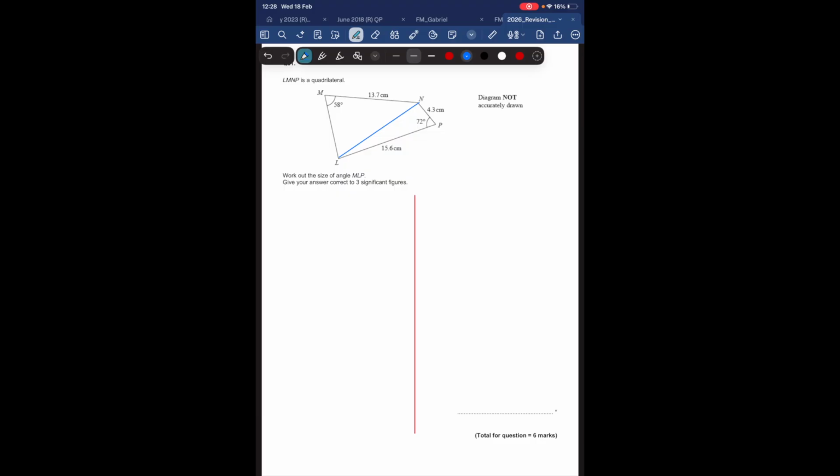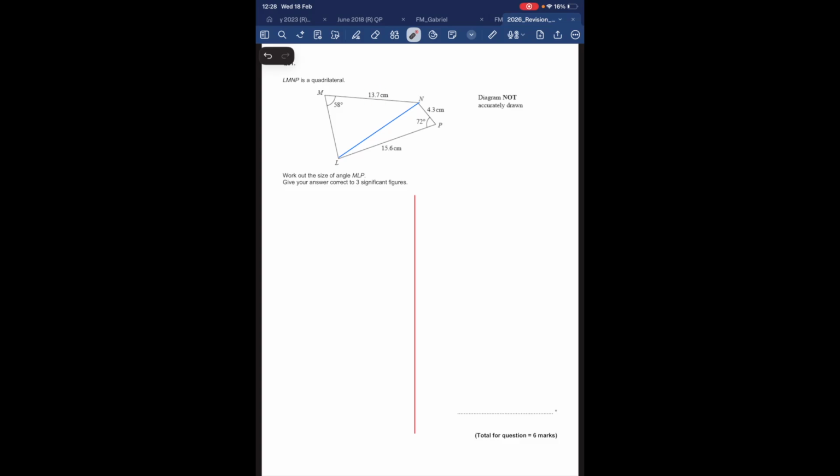The better option is to draw a line between L and N so that we create two right angle triangles here and we keep these lengths and we keep this angle intact. So we have two triangles now, the triangle at the top MLN and the triangle at the bottom LPN.